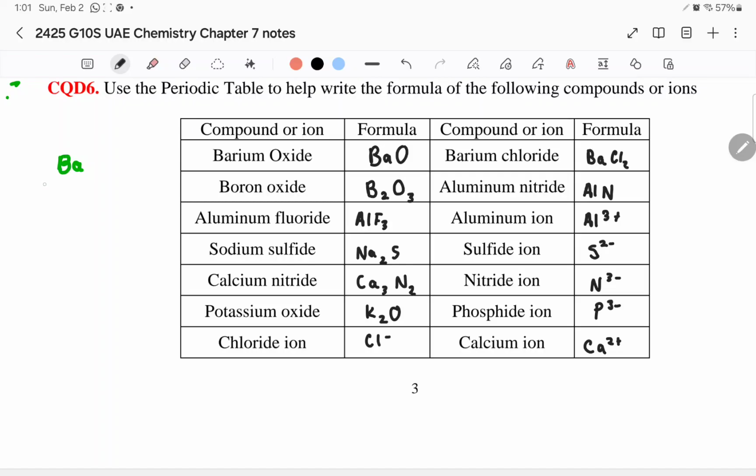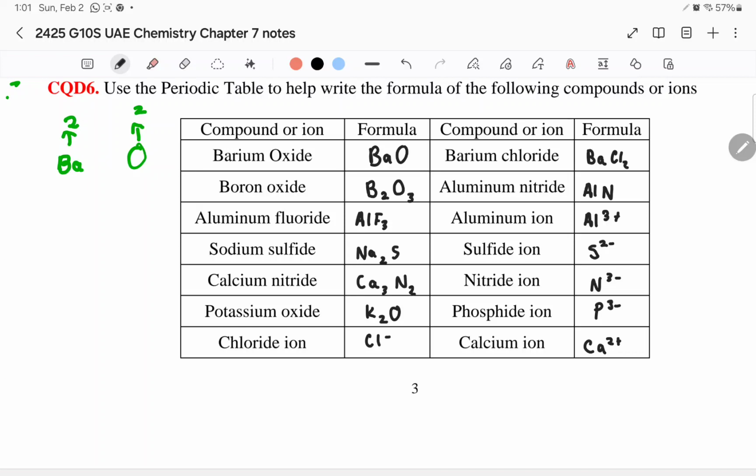So barium in group 2, this is the number of the group, and oxygen in group 6. We know that barium is going to lose 2 electrons and oxygen is going to gain 2 electrons. So now oxygen gains 2 and barium loses 2.